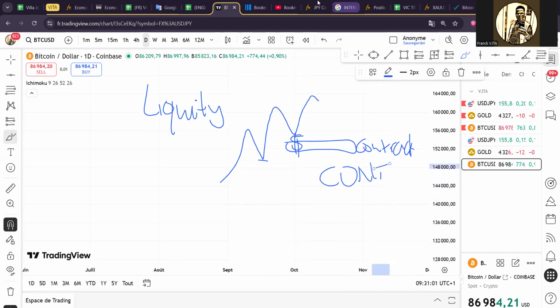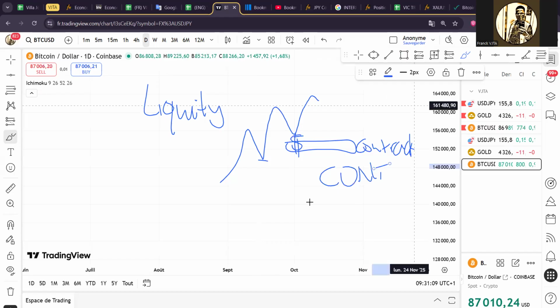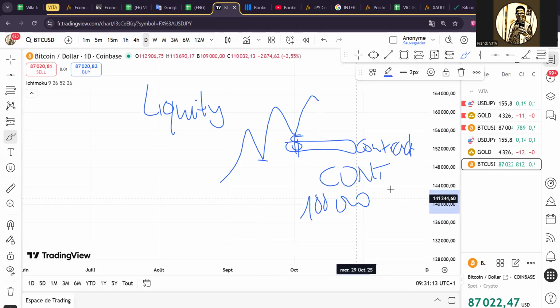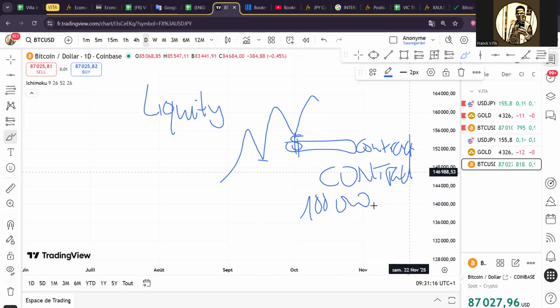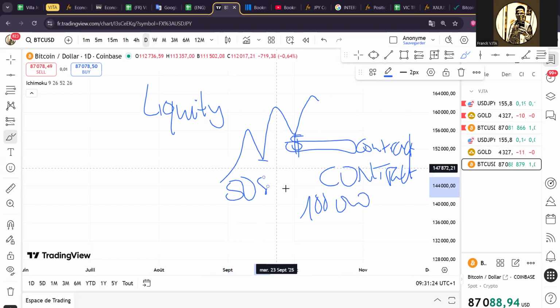First of all, those contracts, for example, this is Commitment of Traders data. When we talk about data, we talk about numbers like 100,000 contracts to buy gold contracts. It's like you want to buy 50 basketball shoes, 50 shoes, right?